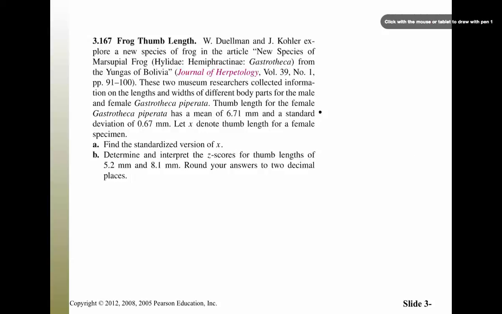Is this stuff right here population or sample data, sample statistics? It would have to be sample, right? There's no way we could get every frog of the species and measure their thumb length, okay? So this would have to be from some sample. Millimeters.